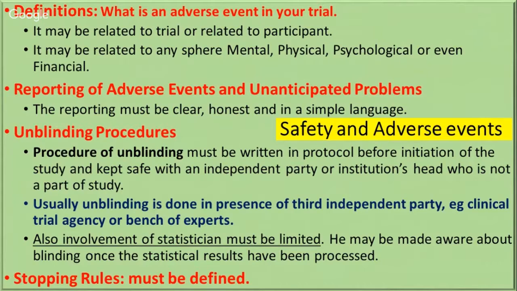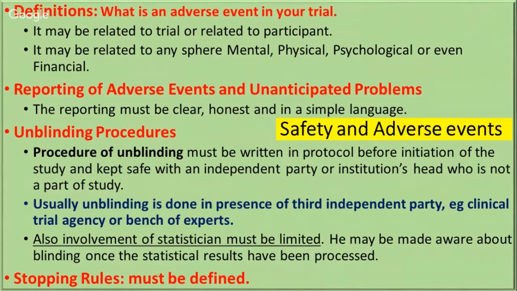and it must be kept safe with an independent party or an institution's head who is not a part of the study, to remove the bias. A principal investigator or a coordinator should not keep those unblinding documents with him. As an ethic, they must be kept somewhere else, in someone else's custody. It is usually done in the presence of a third independent party, maybe a clinical trial agency which you have hired, or a bench of experts.